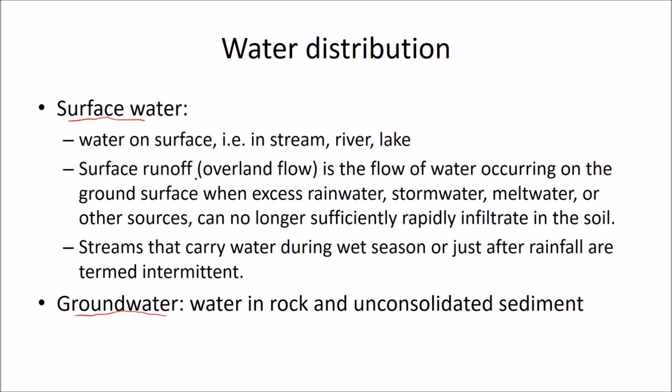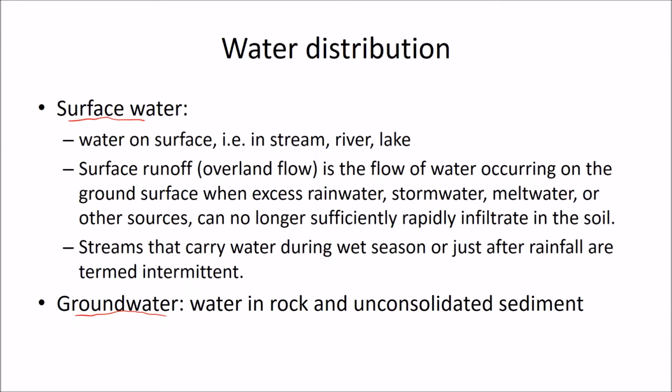And the surface runoff, or we call it overland flow, is a flow of water occurring on the ground surface when excess rainwater, storm water, meltwater, in the cold region we have meltwater, or other sources can no longer rapidly infiltrate into the soil. Because the soil cannot absorb all the rainwater, one part of the water runs on the surface.